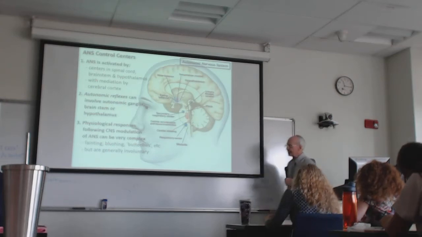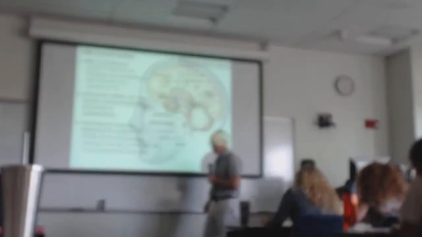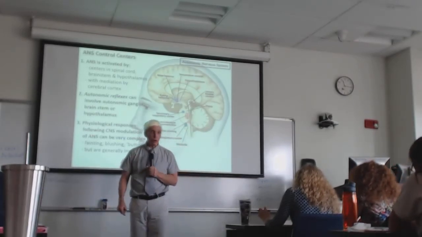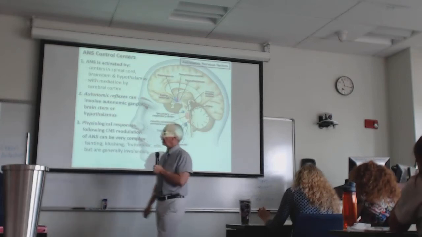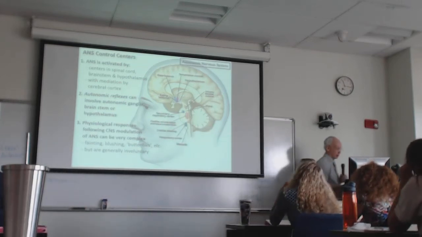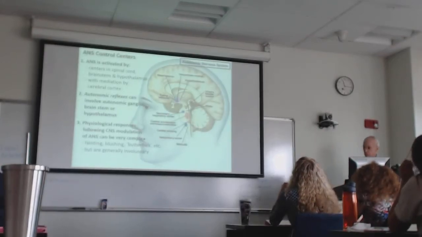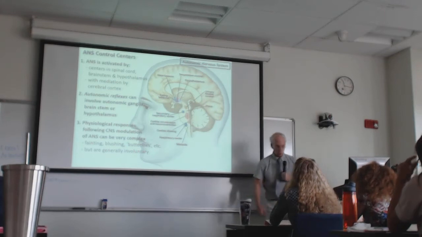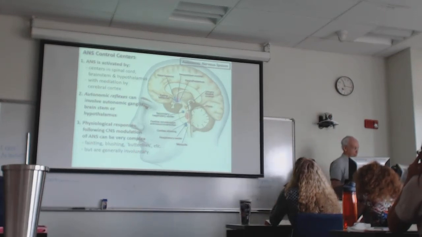All right, so we know that the ANS is this centralized neural network specialized for maintaining homeostasis, regulating heart rate, respiratory rate, maintaining hormone levels to some extent, at least in association with the endocrine system, and regulating GI tract motility and secretion. So it performs a number of functions.